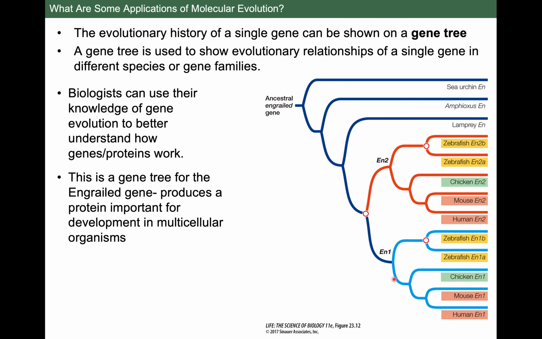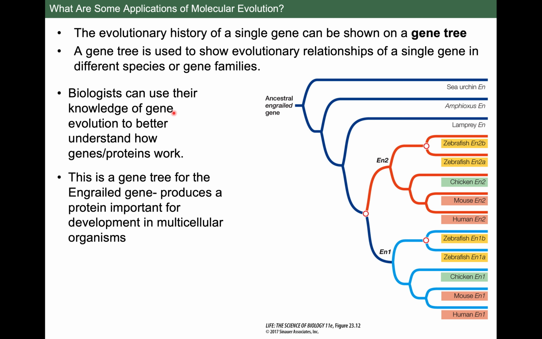So to finish this chapter out, I just wanted to touch on, well, what are some of the applications of studying molecular evolution? And really from a biological standpoint, we can use an understanding of gene evolution to get a better understanding of how specific genes and proteins work.